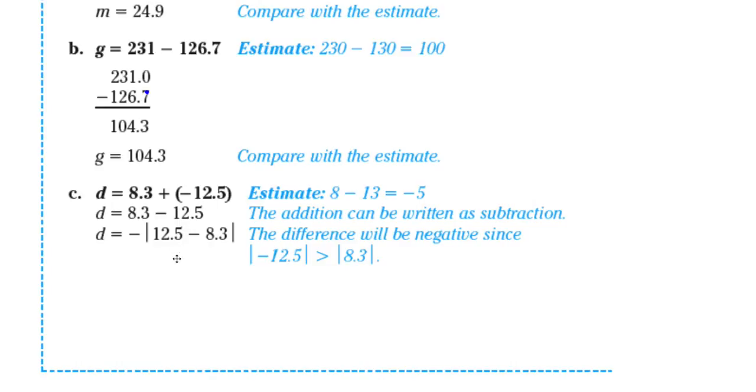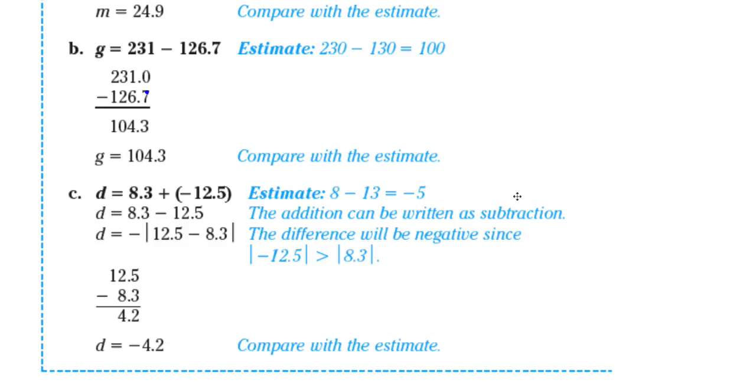In this case, the higher number is 12.5, and that's the reason why we put a negative sign on 4.2. Compared with the estimate, negative 4.2 is close to negative 5. Our answer checks out.